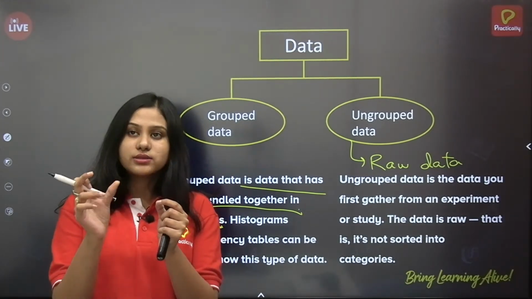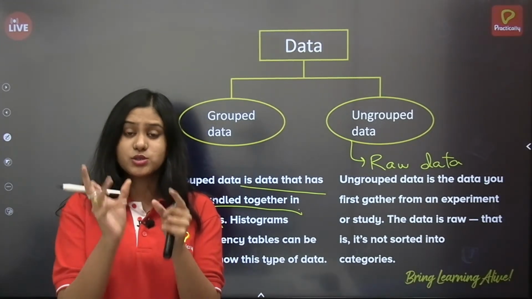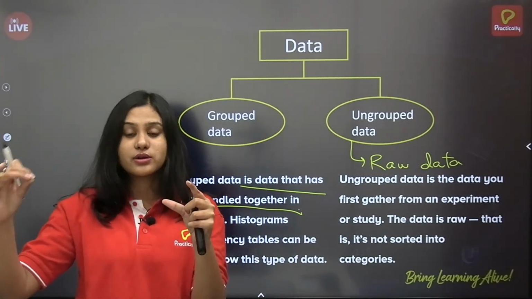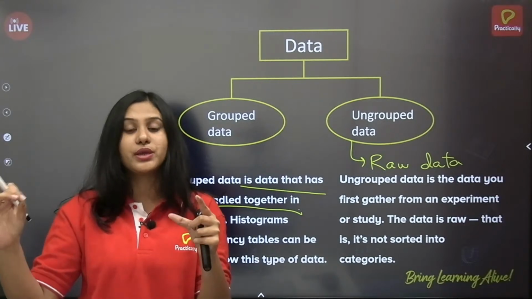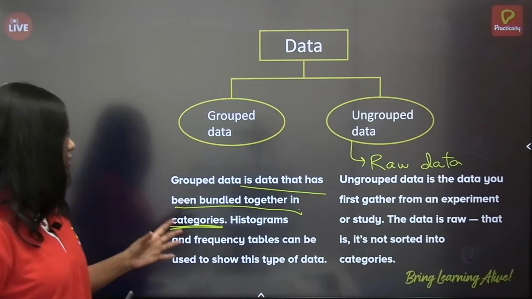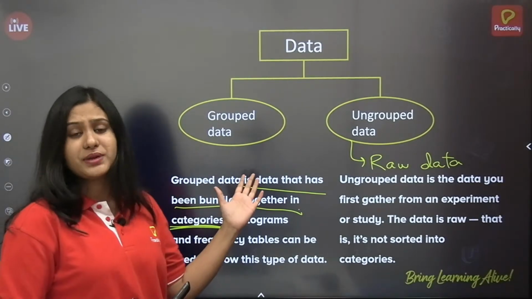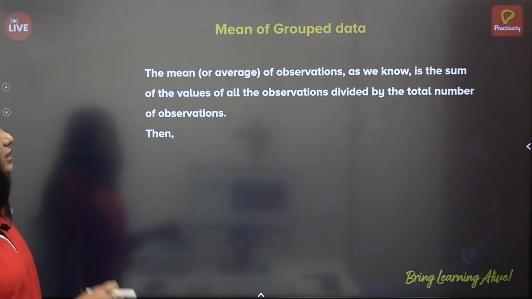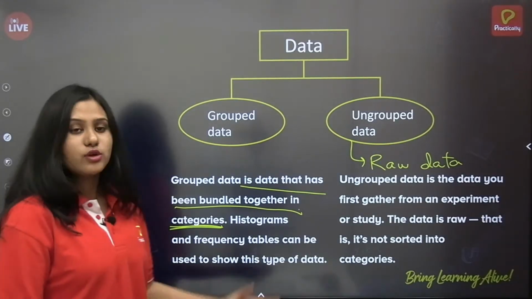Now we will see 170 to 180 centimeters. Now you're grouping and you are listing how many students have a height between 170 and 180 centimeters, right? So this is about grouped data and ungrouped data. Alright, correct. Next, let us go. Now we know what is grouped and ungrouped.